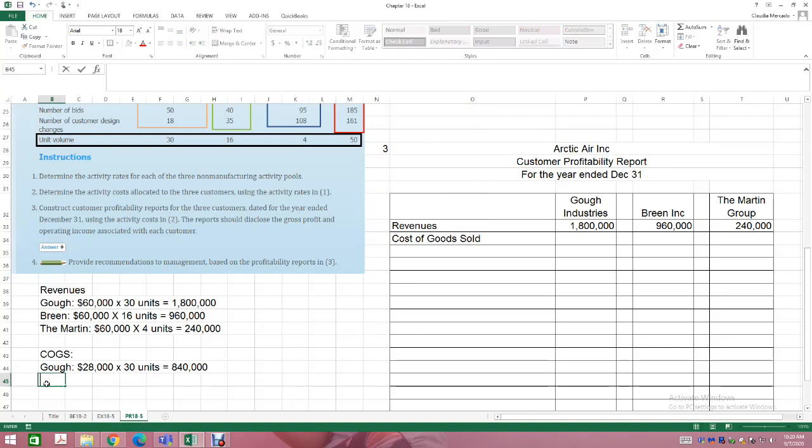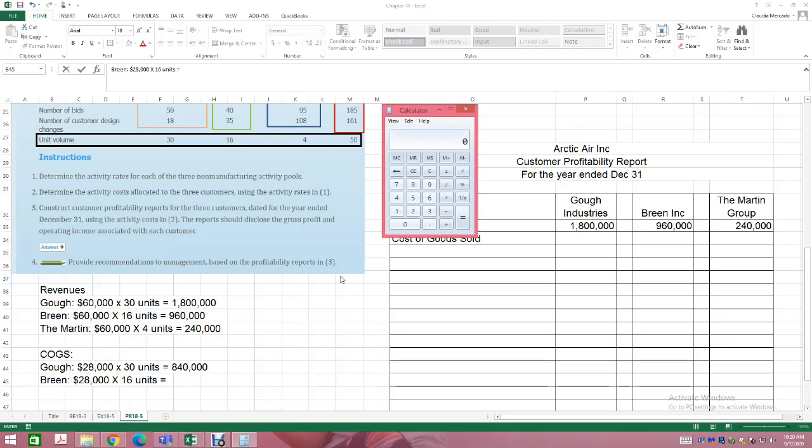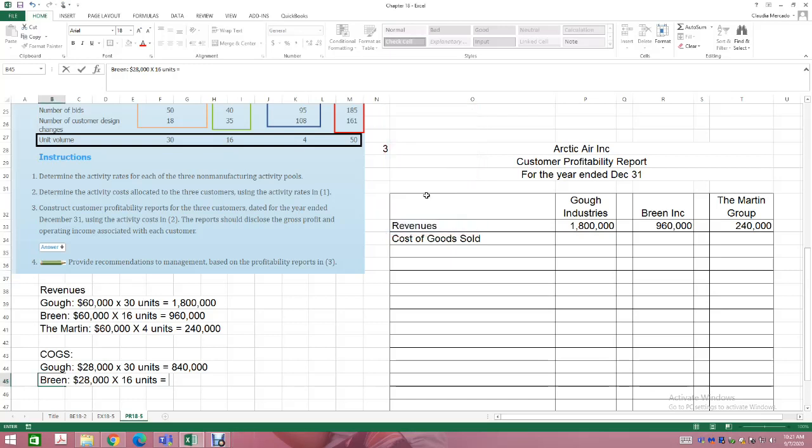For Bryn, it's going to be 28,000 times, I've got 16 units. That's going to give me 28 times 16, which is $448,000.